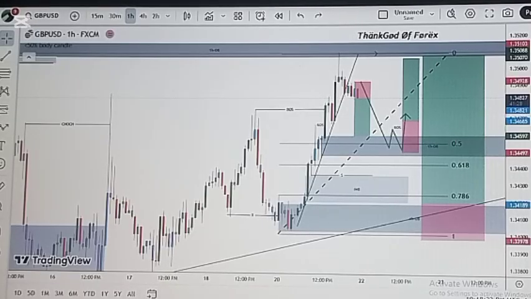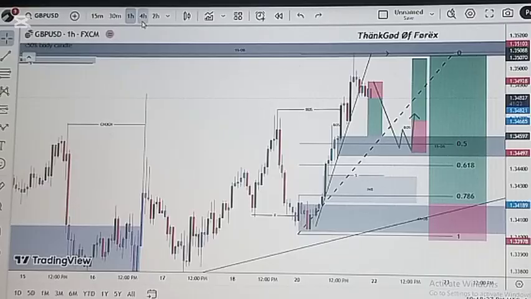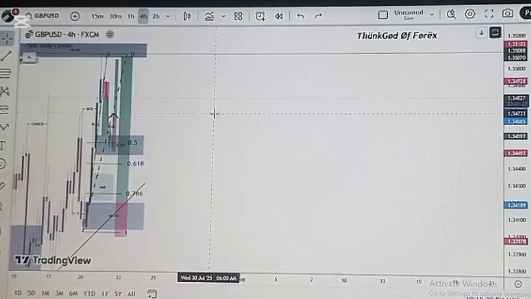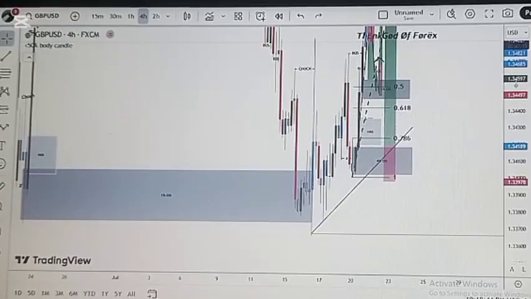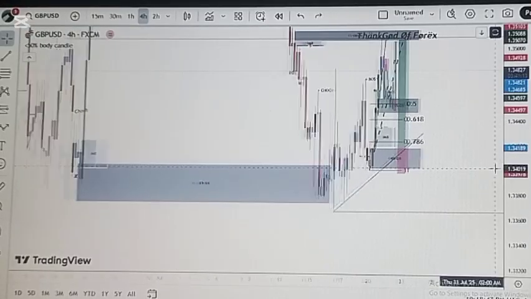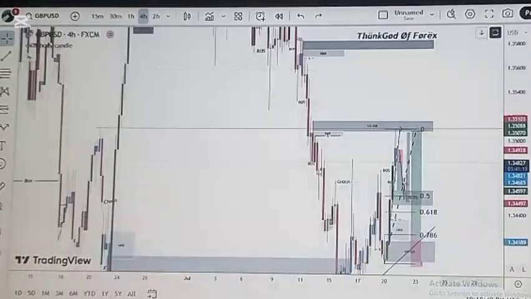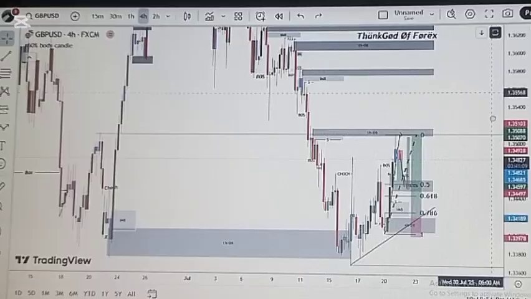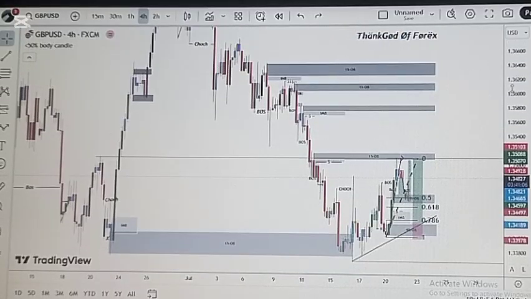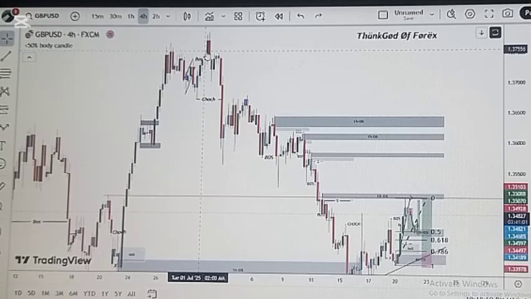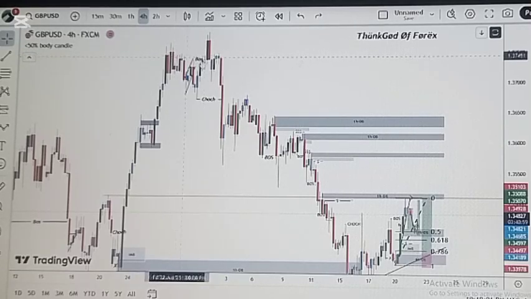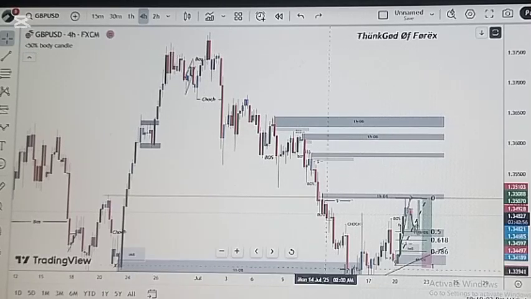So let's move on. If you watch very well, this is the 4 hour time frame. If you watch from this angle right here, you see that the market has been trending down.